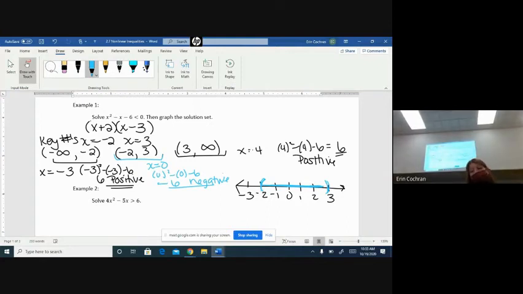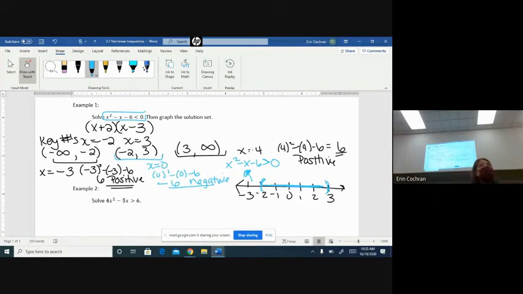If we chose numbers to the left side of negative 2, what kind of numbers did we get? Positive numbers. So instead of this inequality, it would be x squared minus x minus 6 is greater than 0. Anything to the left of negative 2 is greater than 0.